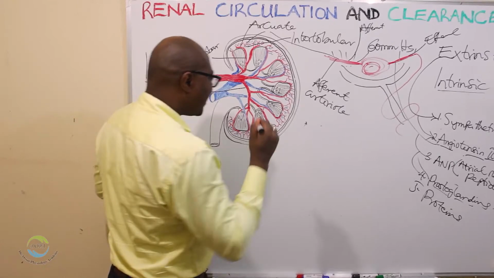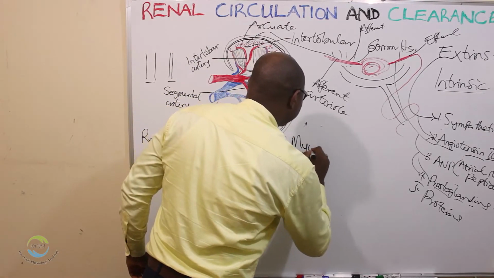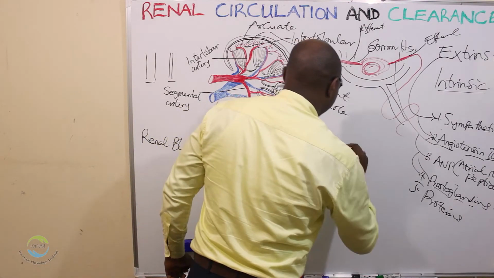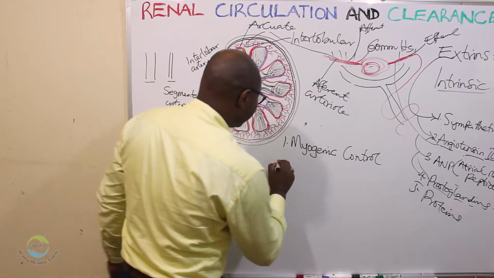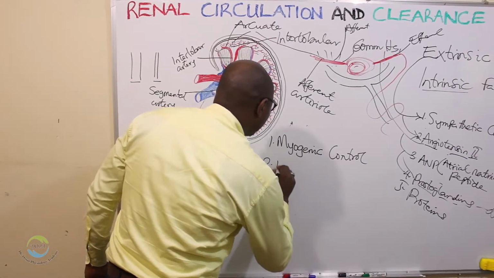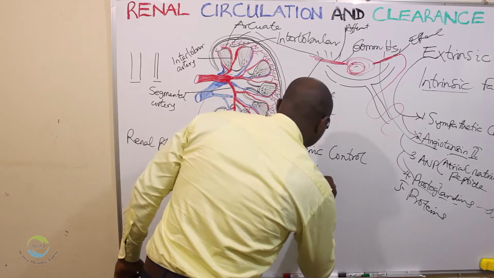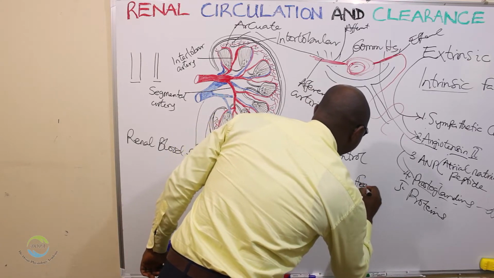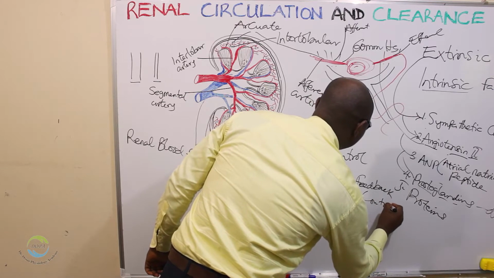Now, quickly, there are two. One is called myogenic control, the myogenic control mechanism. Then two is called tubuloglomerular feedback control.